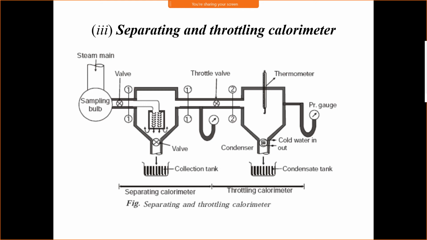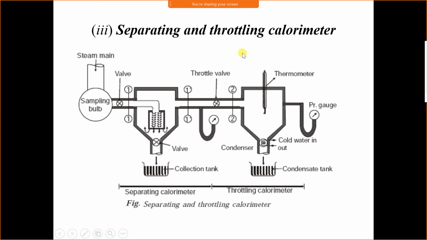But if the steam is highly wet, in that condition we have to use a separating plus throttling calorimeter. This is a combination of separating and throttling calorimeter. This calorimeter is used when steam is highly wet, which means the mass of water is more as compared to vapor.